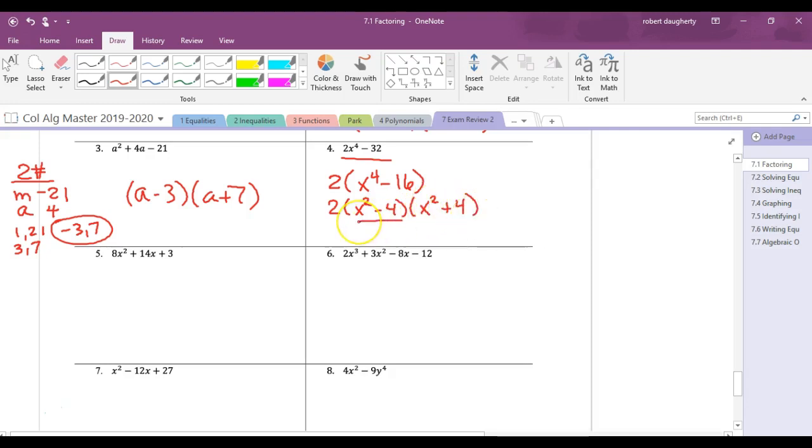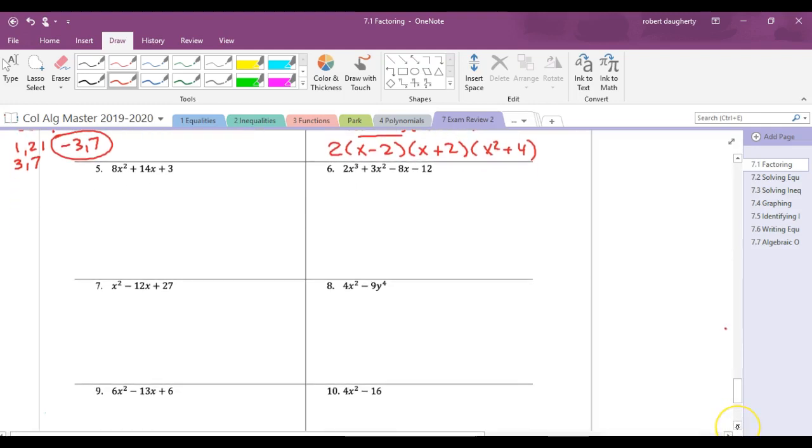Always be on the lookout when you have two things subtracted. Is that the difference of squares? Yes, that is. So this final answer is 2, x minus 2, x plus 2, x squared plus 4. And that's my final factorization. So this one required greatest common factor and difference of squares 2 times to get to the answer.